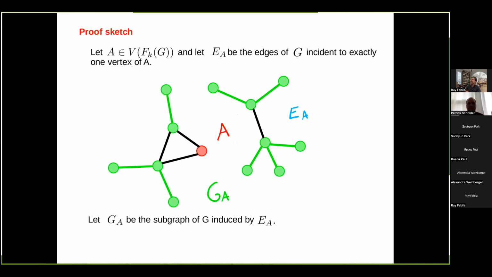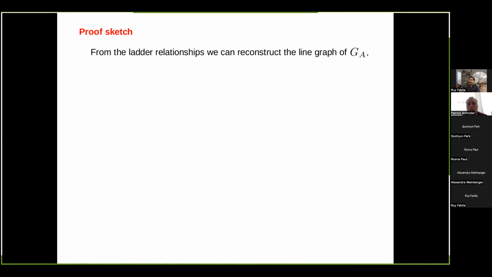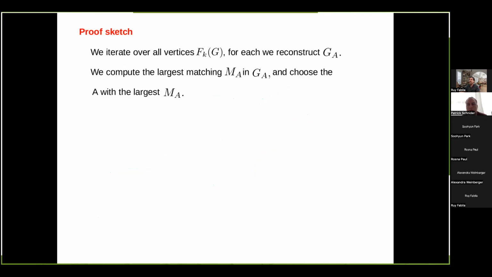And once you have the line graph of this graph, you can reconstruct the underlying graph induced by these edges. Okay, so we are reconstructing very locally small parts of the graph. But that was just what we needed as a seed to reconstruct the whole of G, the whole of F_k of G. So from the ladder relationship, we can reconstruct the line graph of G[A]. And from this line graph, we can reconstruct the underlying graph.